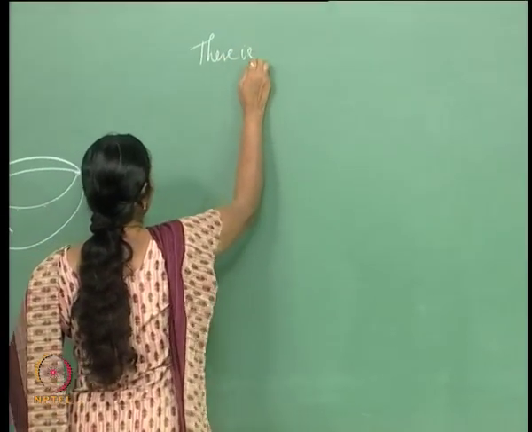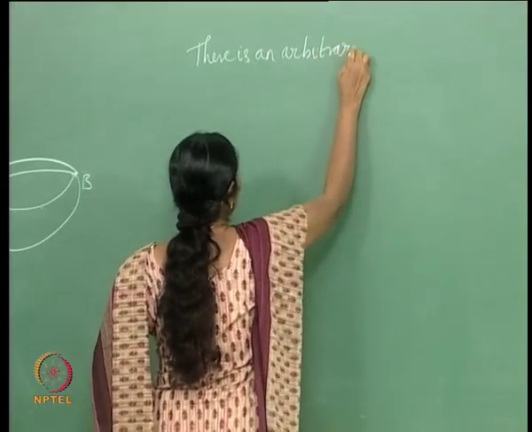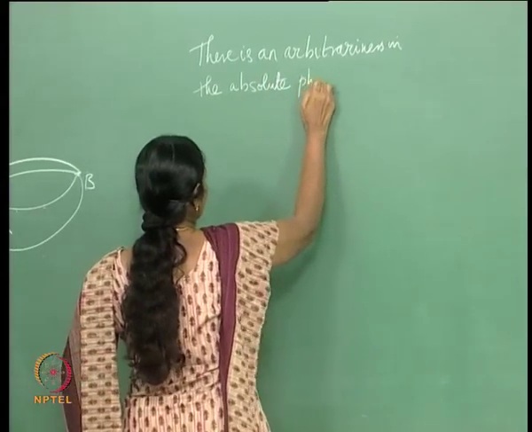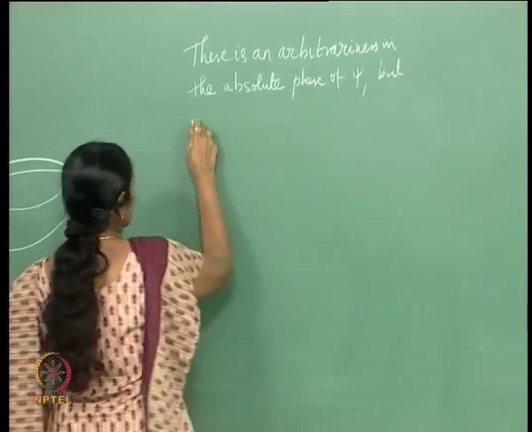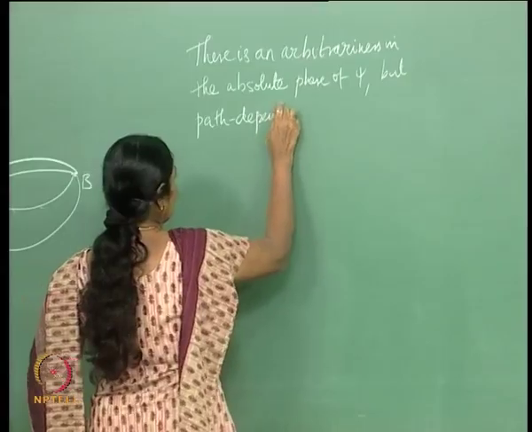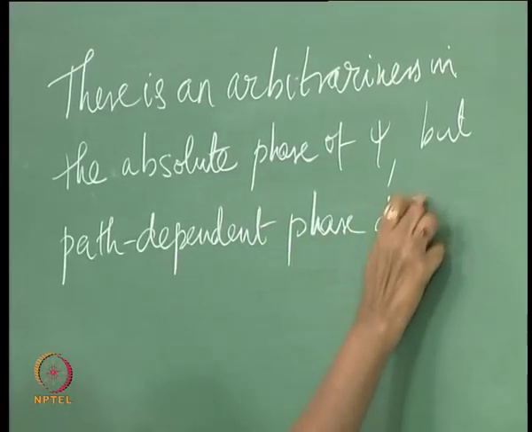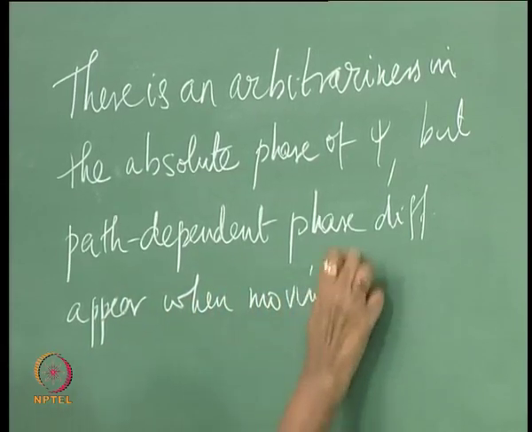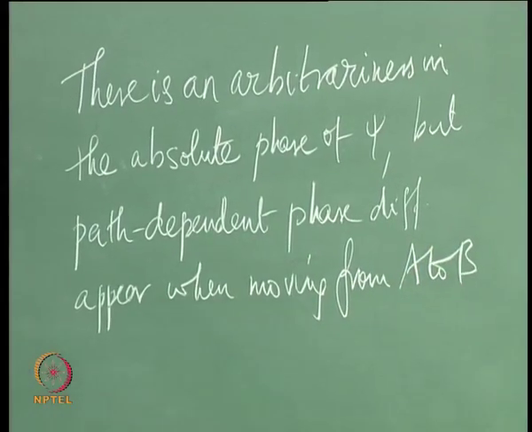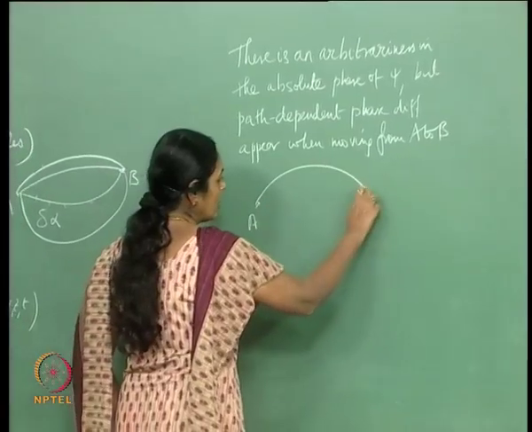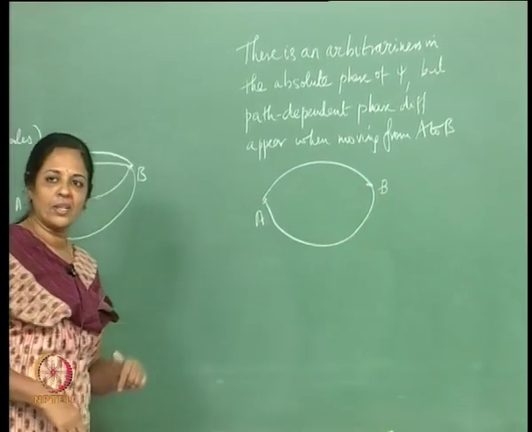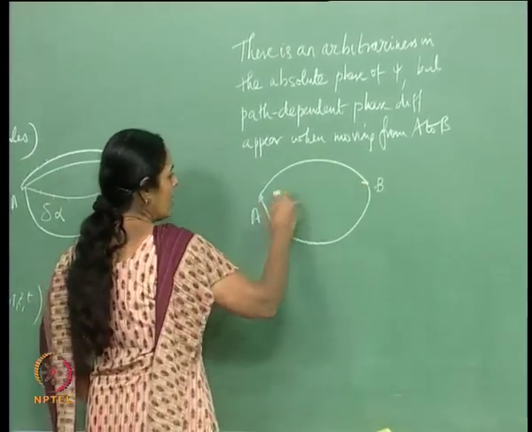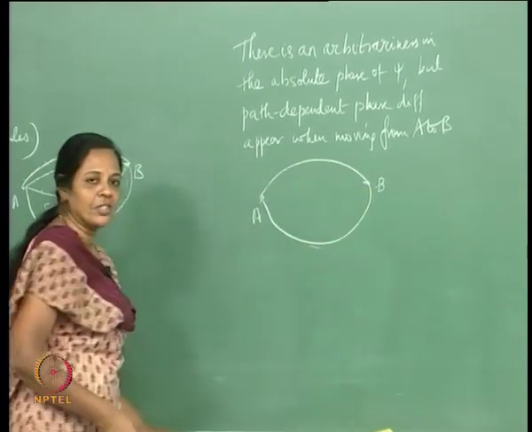There is an arbitrariness in the absolute phase of the wave function, but phase differences which are path dependent appear when moving from A to B. And therefore, when one goes from A to B and comes back from B to A over a closed path, we need not expect the net phase to be 0, because this is a certain path and the total phase accumulation on this path need not cancel out the phase accumulation on this path.